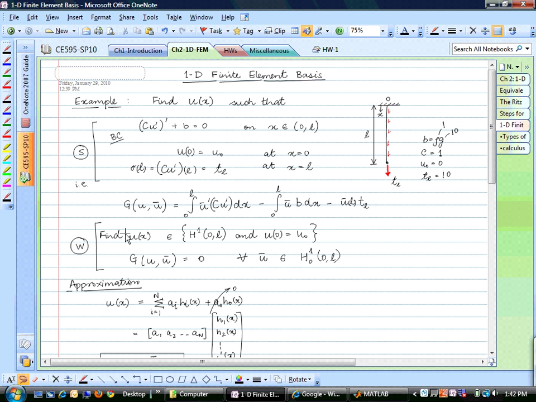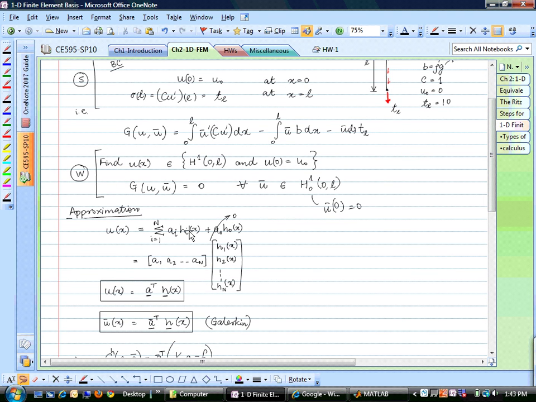If you can find u such that this functional is 0 for all u bar in the space H1 0, and this 0 denotes that u bar at 0 is equal to 0. This is a little different from the essential boundary condition; it is called the homogeneous essential boundary condition.